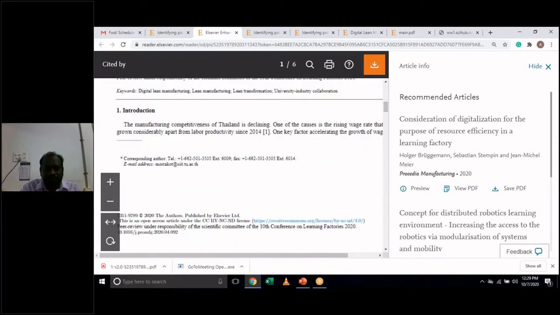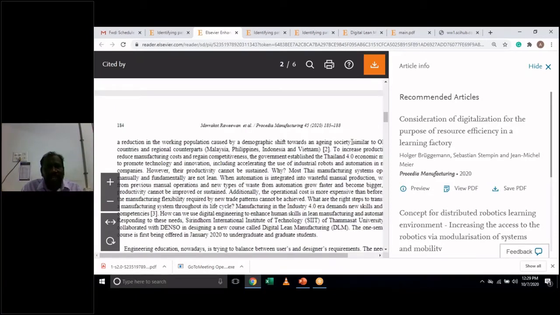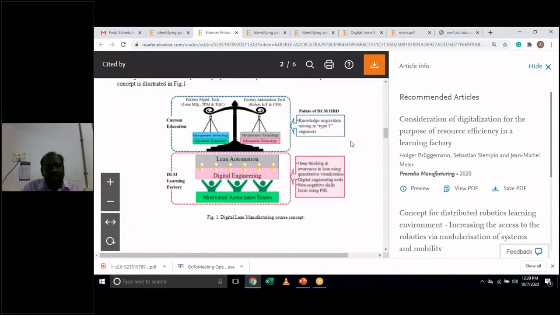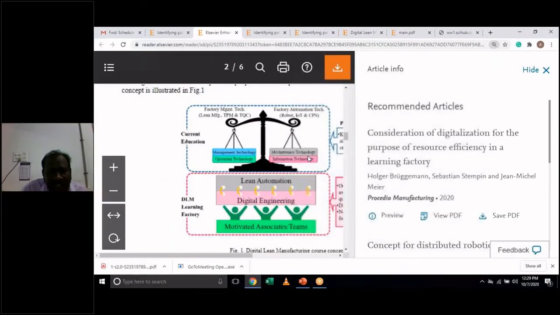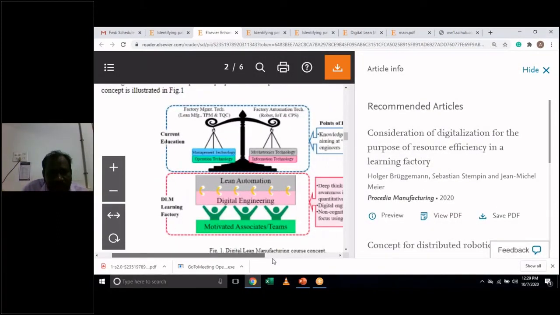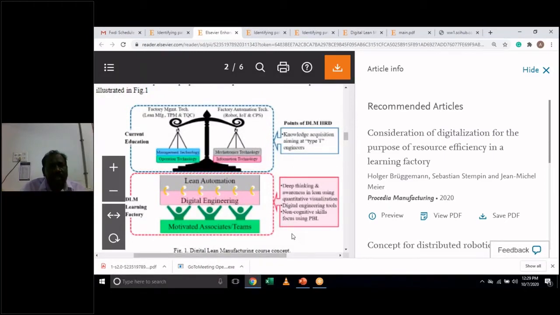So for that, we need a strategy, and the faculty should be involved. Here you see management technology and operation technology, where knowledge acquisition aims at cost engineers.